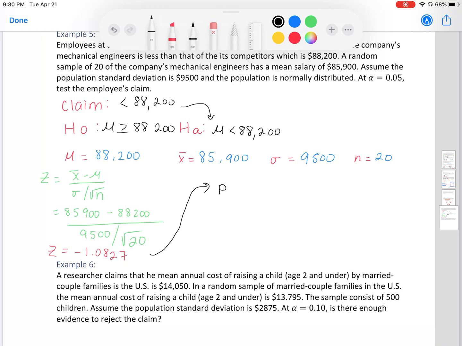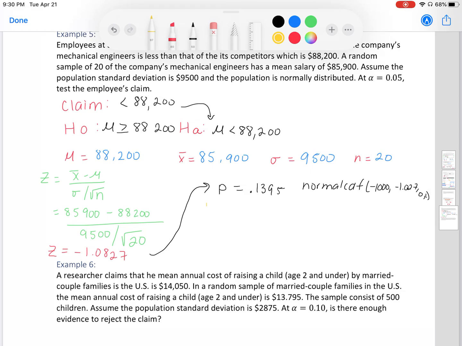You want to change it to a p-value using normal CDF. You use a really big negative number, negative 1.0827, and 0, 1. You'll get that P is 0.1395.